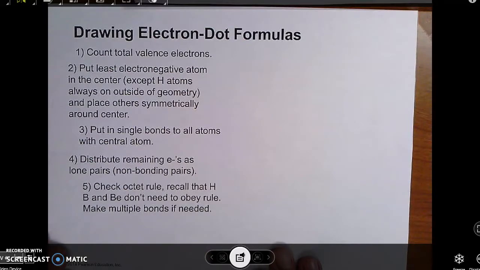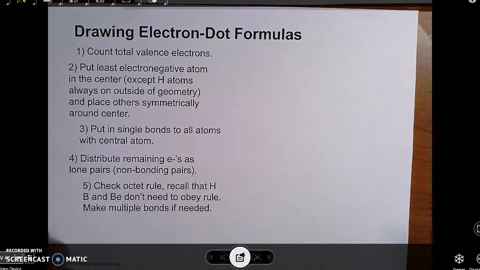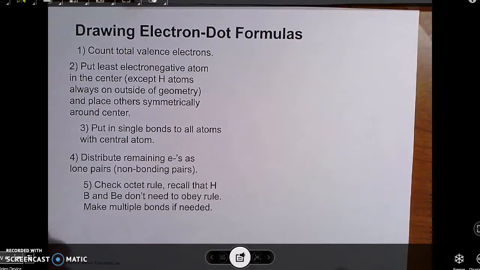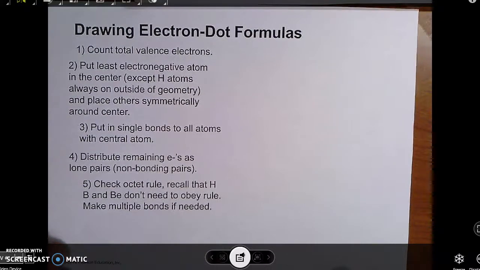Lewis structures are also important because they're the first step in giving you an idea of how to arrange the electrons using valence shell electron pair repulsion theory to obtain a good estimate of 3D geometry. 3D geometries are important for molecules because that really dictates their chemical and physical properties.